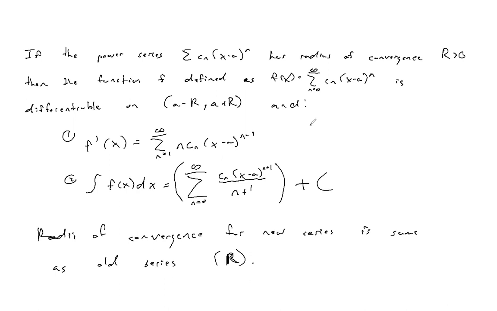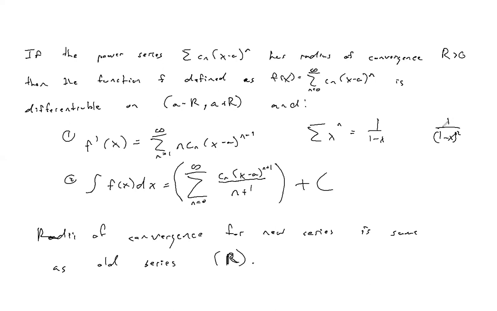I said the sum of x to the n equals 1 over 1 minus x on its interval of convergence, right? What if I wanted to find the power series for the derivative of this function? Let's see, the derivative of this function would just be 1 over (1 minus x) squared.